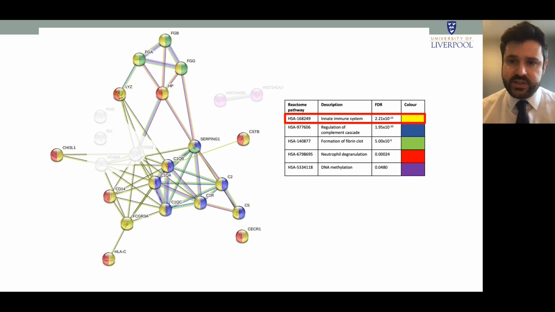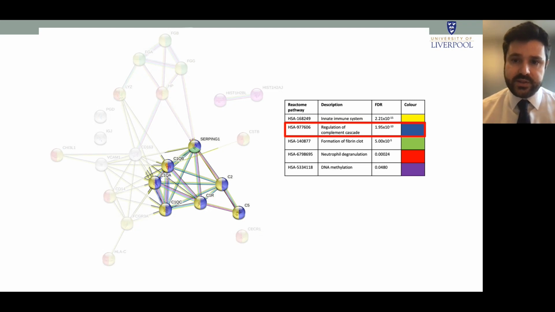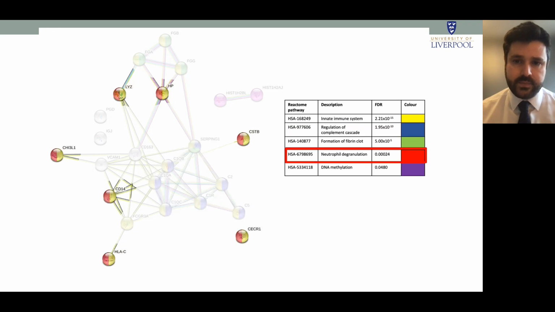Many of the proteins contribute to the innate immune system, which we know is essential for our response to viral infection. Components of the complement cascade are again strongly represented, and proteins involved in neutrophil function and degranulation are highly enriched.